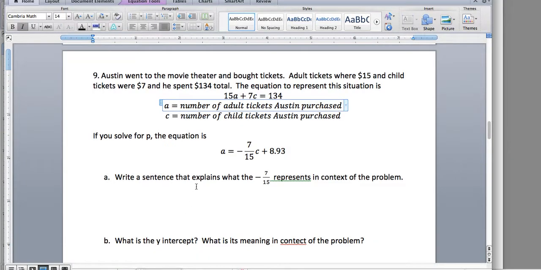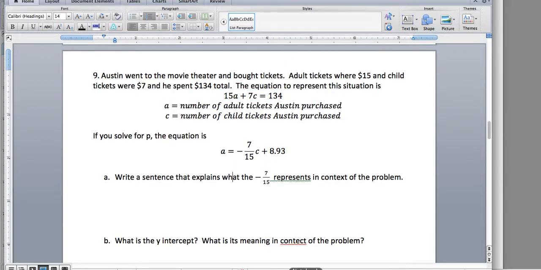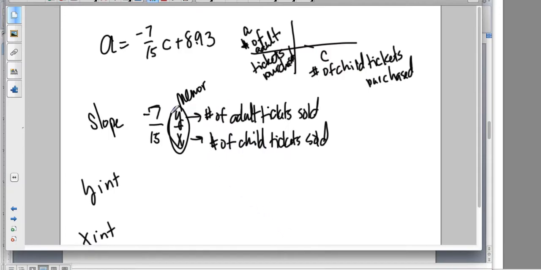And that means you would be spending still $134. So that is in context of that problem. For every 7 adult tickets you do not have to buy, which signifies the negative, you could purchase 15 more, more would be the positive, child tickets. So that would be the sentence.